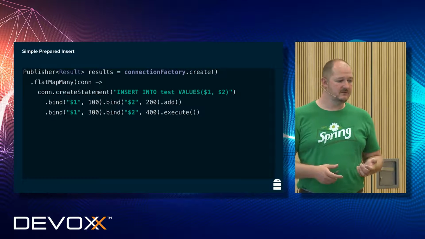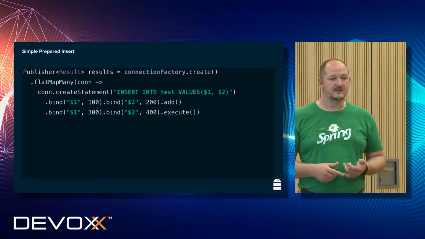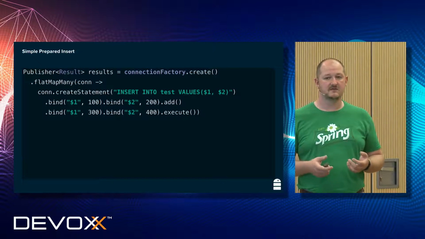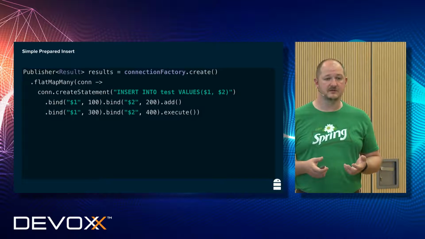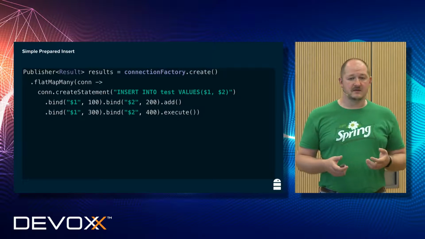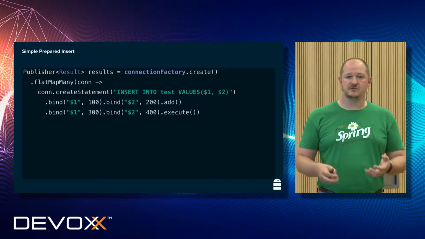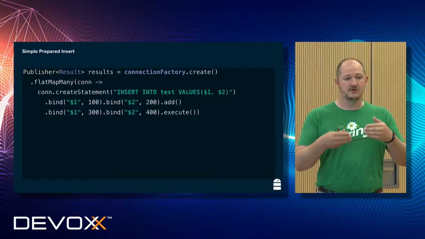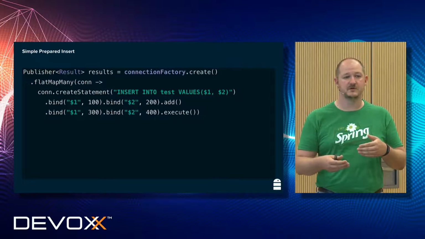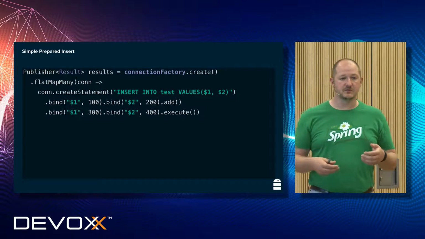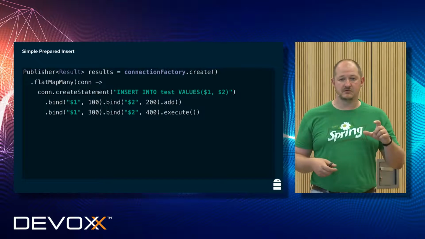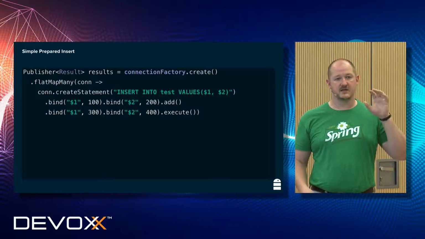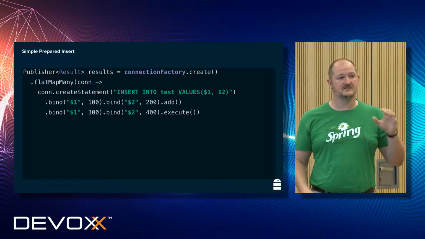In the first case with parameters 100 and 200, in the second case with parameters 300 and 400. So we have also a sense of micro-batching added into this SPI. Drivers that support things like prepared statements could use this information and prepare a statement and run it multiple times. So compile it first, run it with the first parameter set, run it with the second parameter set. Databases that support execution in a single round trip, where they say, okay, I have here the SQL and a table of parameters, can execute this statement twice in a single round trip.